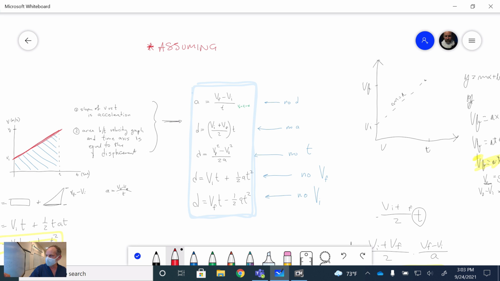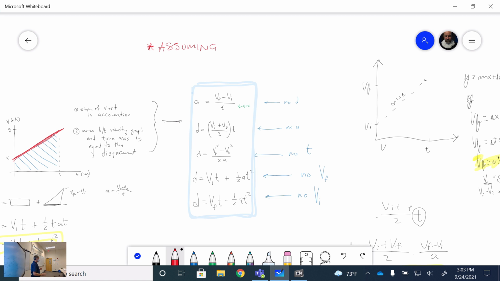This right here is a straight line, and that was really important to every single one of these equations. What does it mean if that's a straight line? Slope is constant. What is the meaning of the slope? The acceleration.